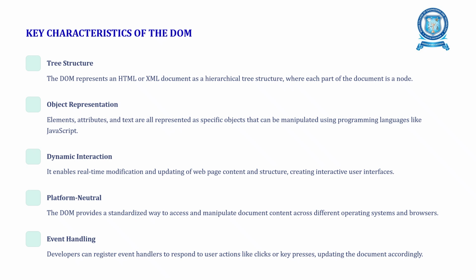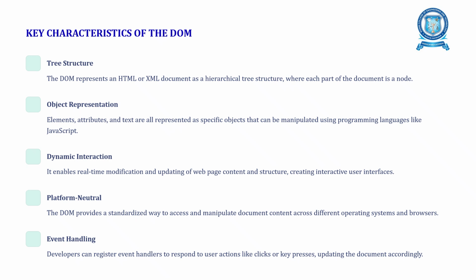The characteristics of the DOM. Tree structure: a DOM represents an HTML or XML document as a hierarchical tree structure where each part of the document is a node. Object representation: elements, attributes, and text are all represented as specific objects that can be manipulated using programming languages like JavaScript.